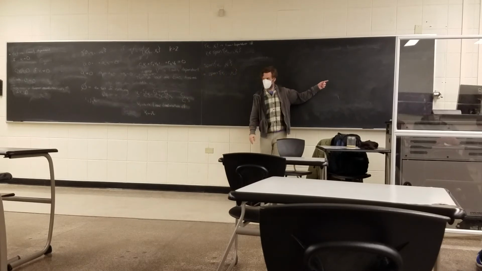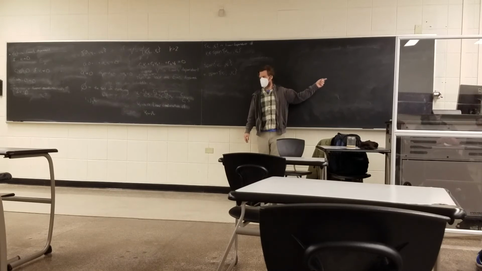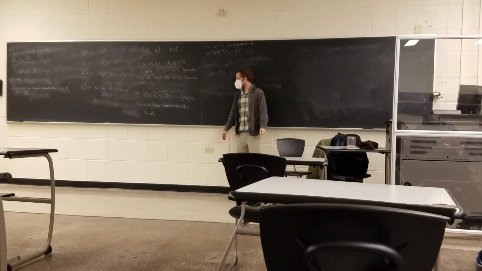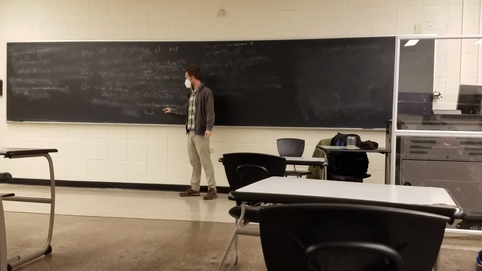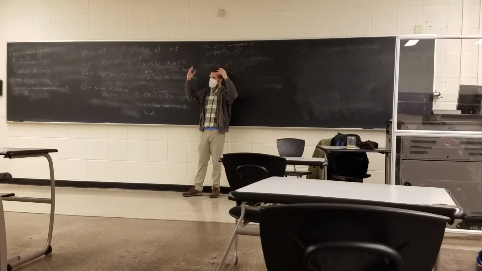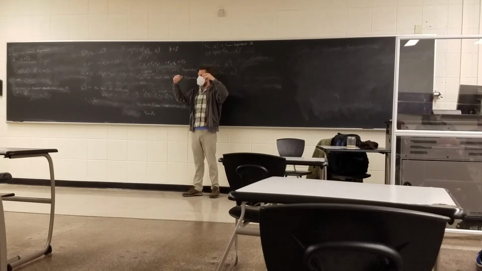In 2 dimensions, or in the case of 2 vectors, it is exactly the same. If it's a linear combination, then it is definitely a multiple. But when we go into higher numbers of vectors, that's no longer the case.